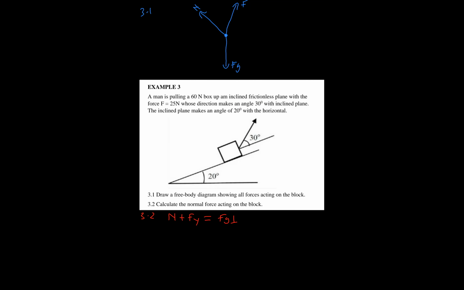So normal force is equal to, you can refer to case number 3, Fg perpendicular minus Fy, and this is mg cos of theta 1 minus F sine of theta 2. m is the mass of this object.